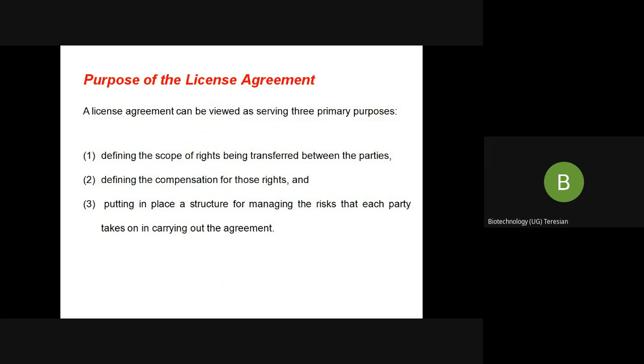So: defining the scope of rights transferred between the two parties, defining the compensation for those rights, and putting a structure in place for managing the risk that each party takes on in carrying out the agreement. So whenever there is an agreement, it is always best to go for the license agreement.